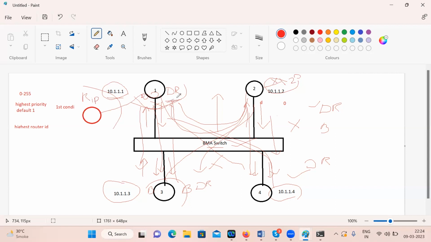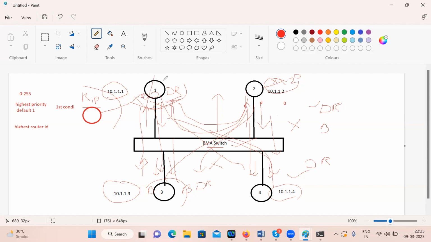Suppose I have a DR router and then I configure. So this is your DR router. Let me understand your question first. You are connecting this DR router with another router which is running a different routing protocol, right? Yes. Then, can I now call the DR router an ASBR?